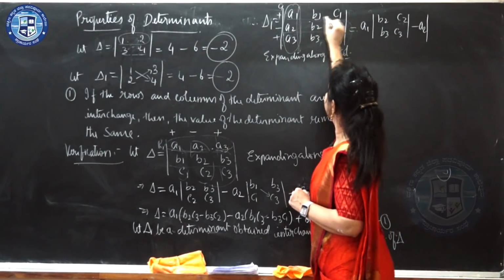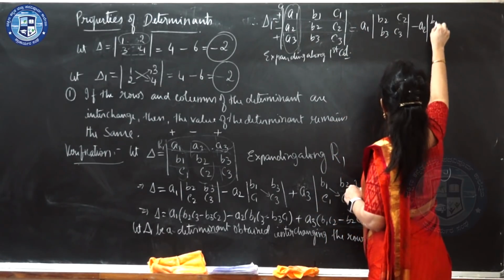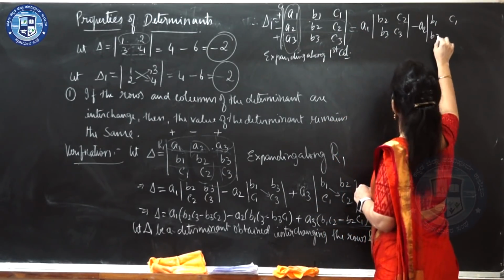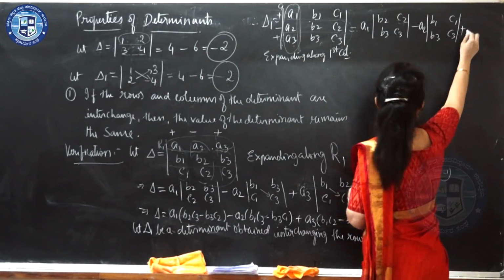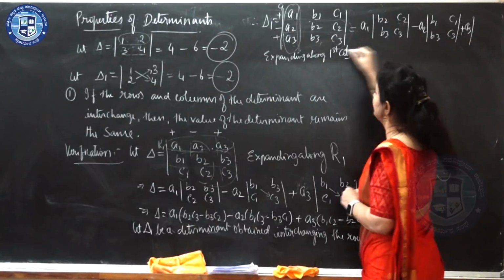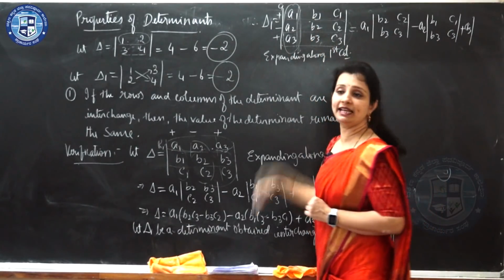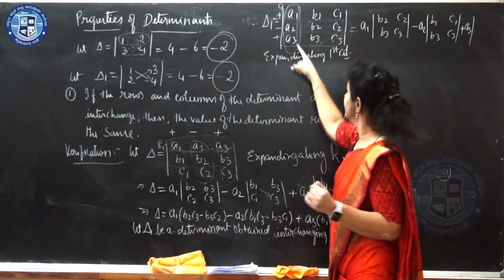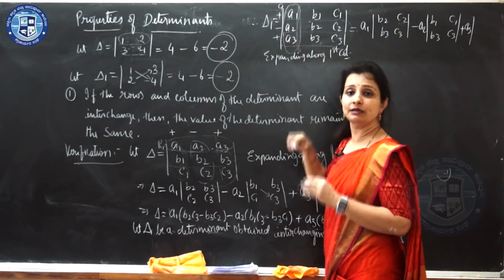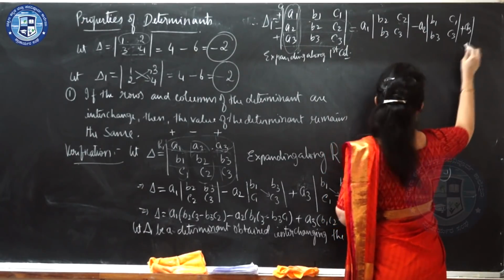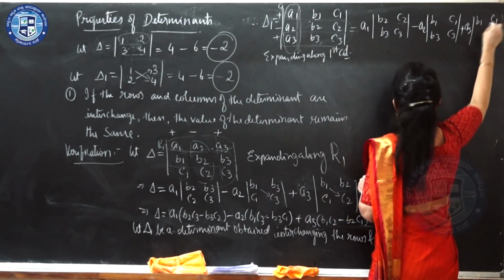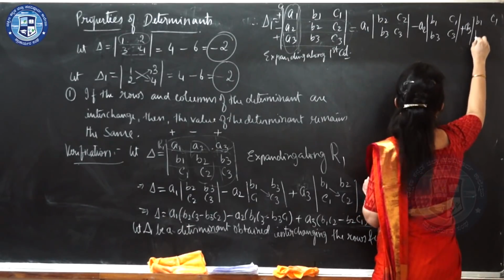Exclude that. Remaining elements are B1, C1, B3, C3, plus third element is A3 into, delete the row and column where A3 is. A3 is in the third row and first column. Exclude that. Remaining elements are B1, C1, B2, C2.